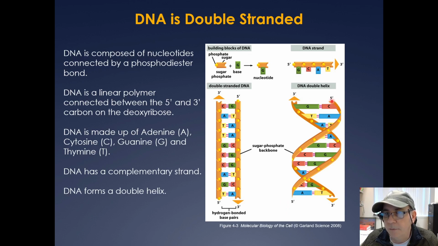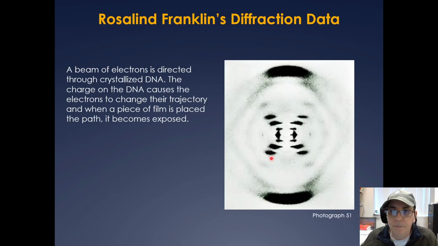Okay, and so you have your sugar phosphate backbone, and then the bases are in the middle, and they're hydrogen bonding. Now, this is Rosalind Franklin's X-ray diffraction data, okay, which led to the solving of the structure of DNA.